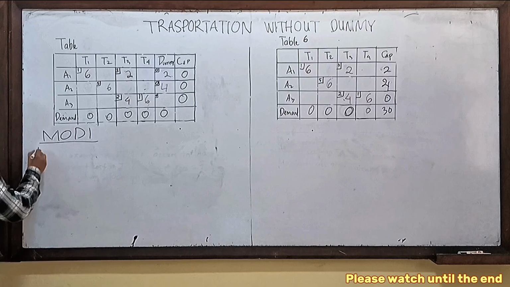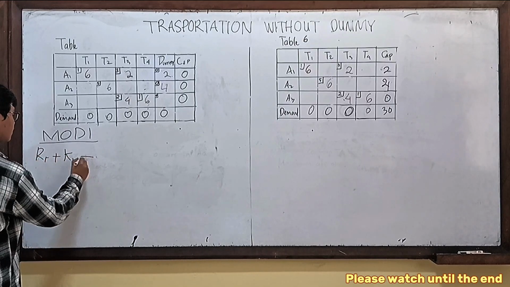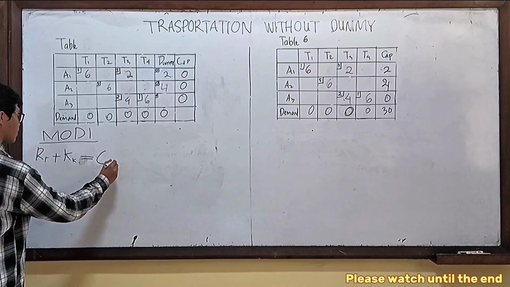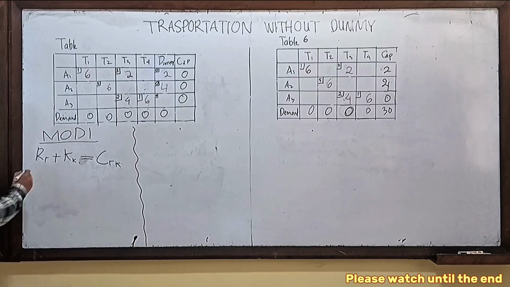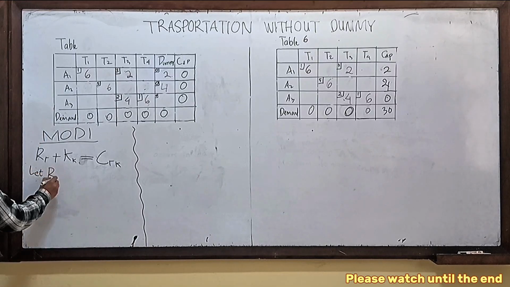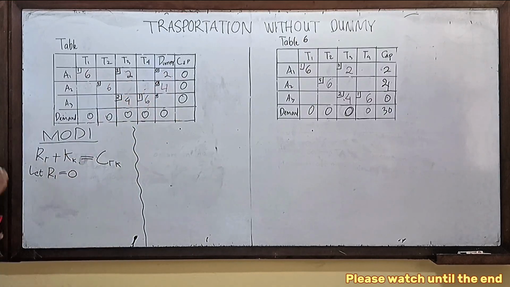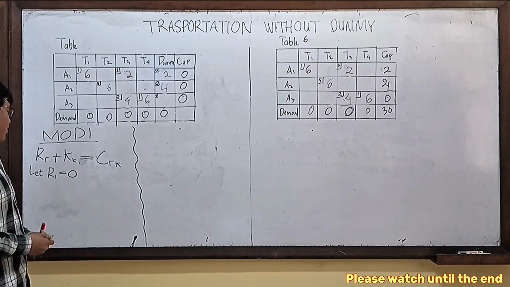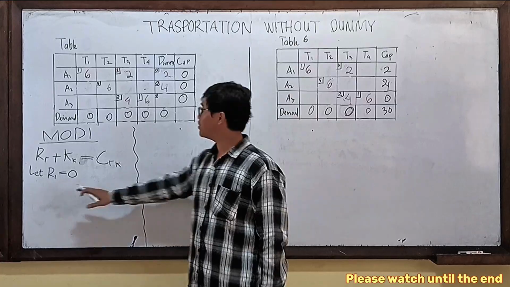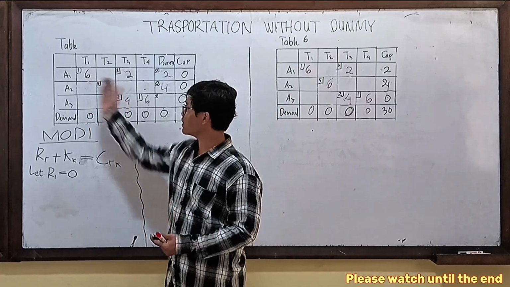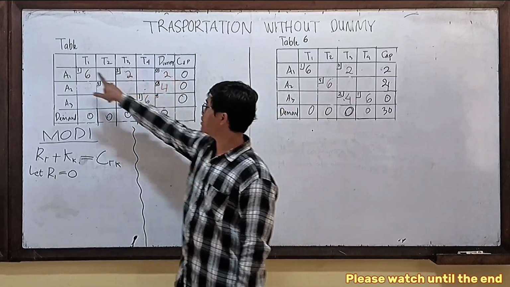We use the formula R plus K equals C, R K. Let R1, or the value of row 1, be 0. Then with row 1 as 0, we can get the values connected with row 1: column 3, K3, the dummy, and column 1.